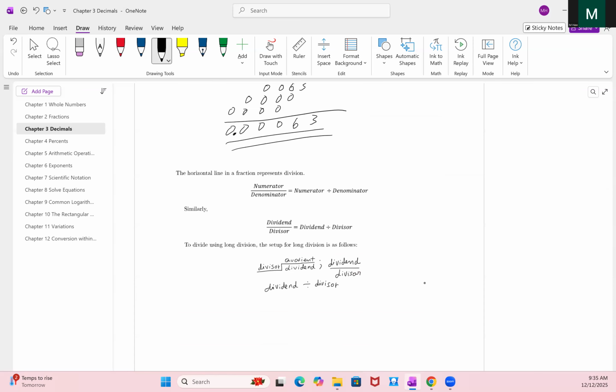To divide using long division, the setup is as follows. The dividend goes inside, and the divisor goes on the outside. What we put up here is the quotient. So this is dividend over divisor, or we can write it as dividend divided by divisor.